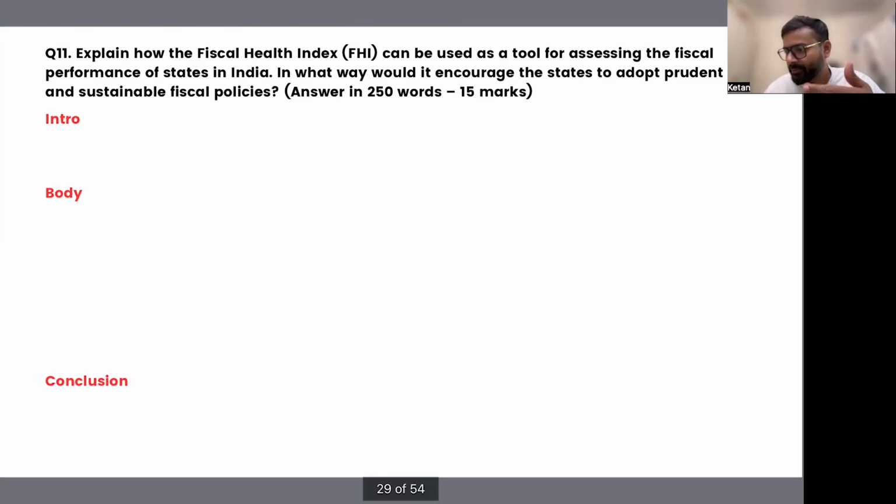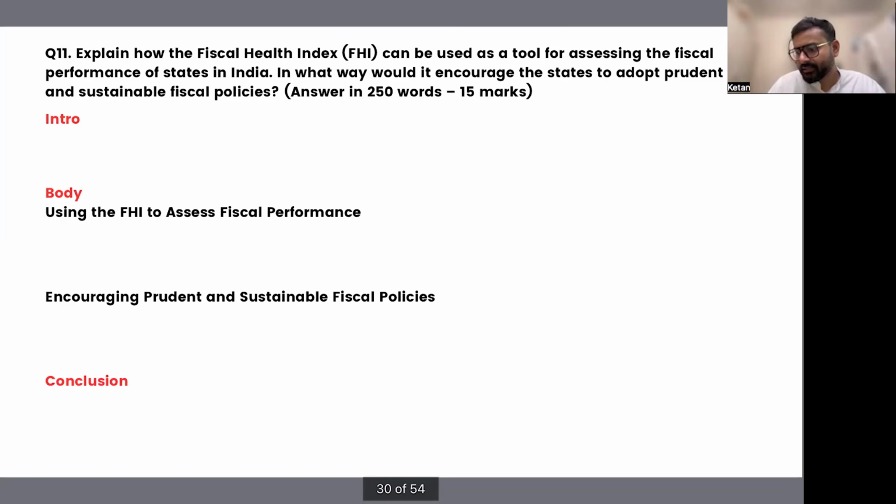So it's talking about the fiscal health index, and then how it will encourage states to adopt more prudent and sustainable fiscal policies. So there are two demands of this question. One is how the fiscal health index is being used to assess the fiscal performance, and how it will encourage the states to adopt prudent and sustainable fiscal policies.